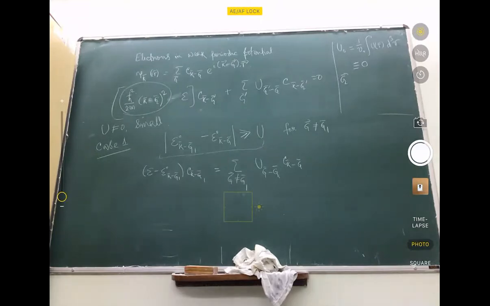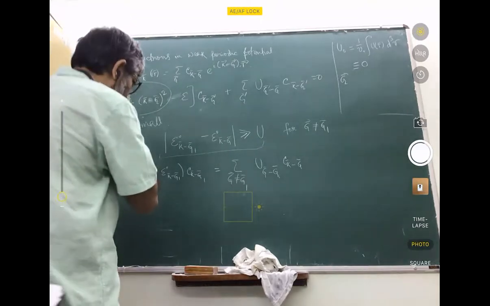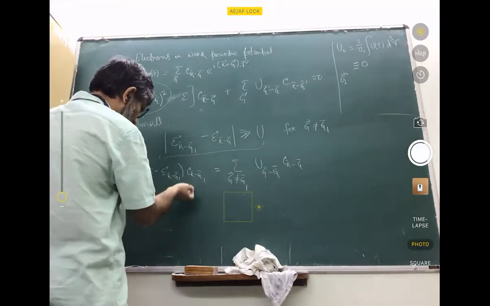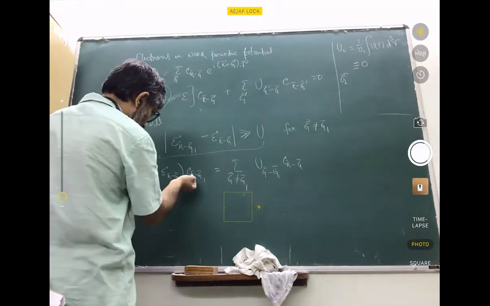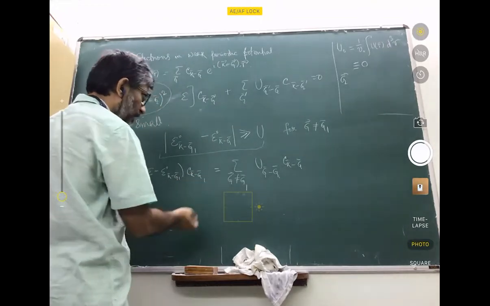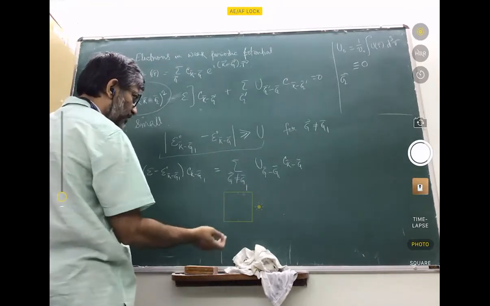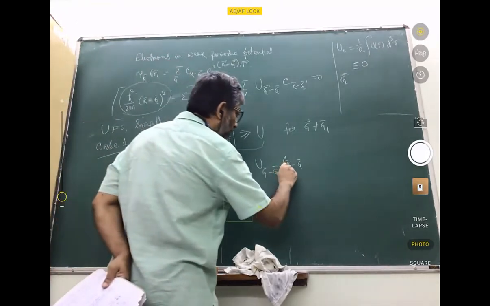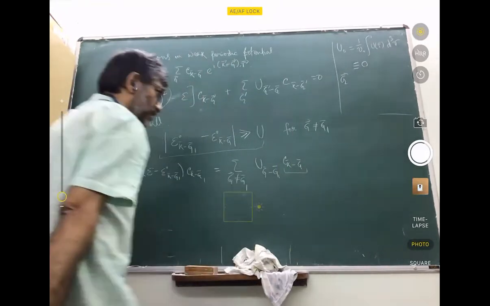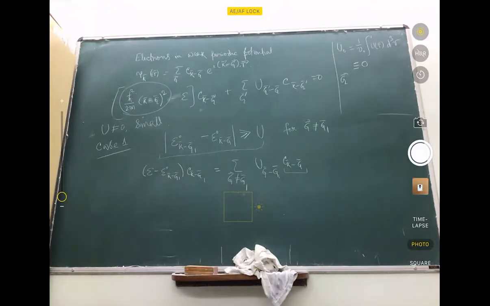And now the next step of the argument is that we are trying to find the solution for K minus G1. In the case of no degeneracy, all other Ck minus G are small, and we'll see what they are.